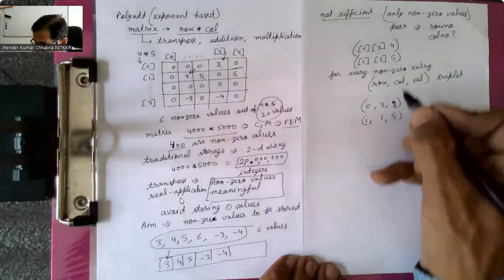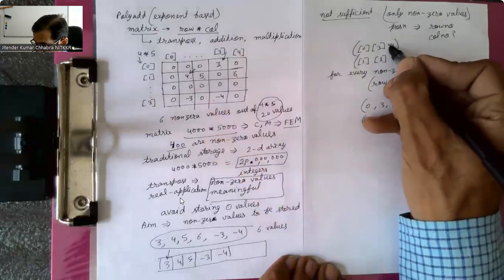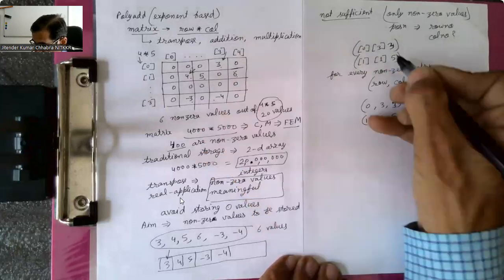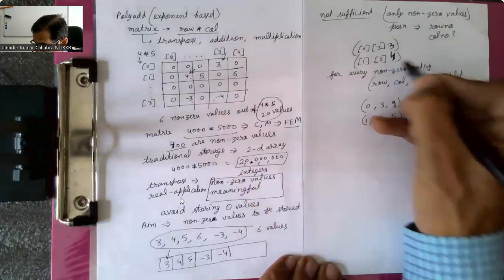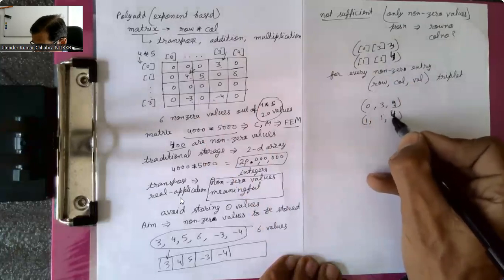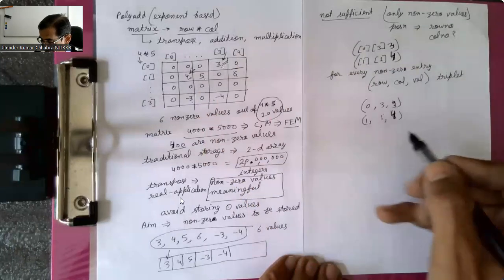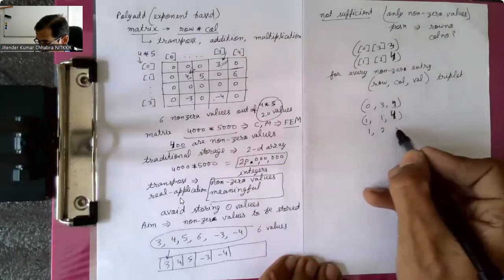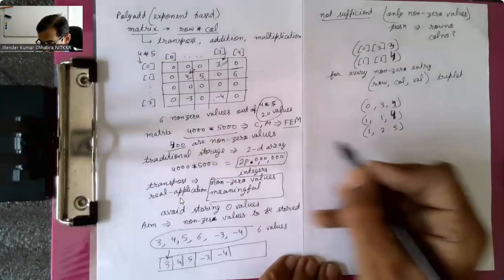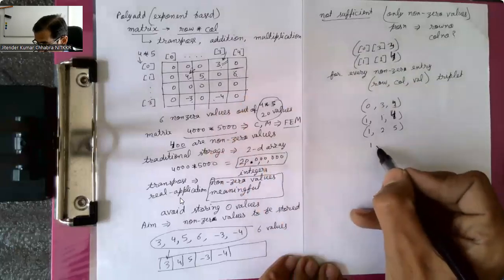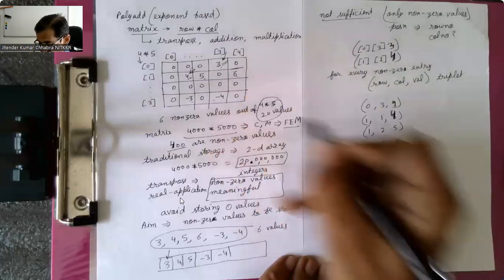Sorry, let me correct that. This was 0, 3 with value 3, 1, 1 with 4, and so on. So 0, 3, 3, then 1, 1, 4, then 1, 2, 5, then I have 1, 4 as 6.